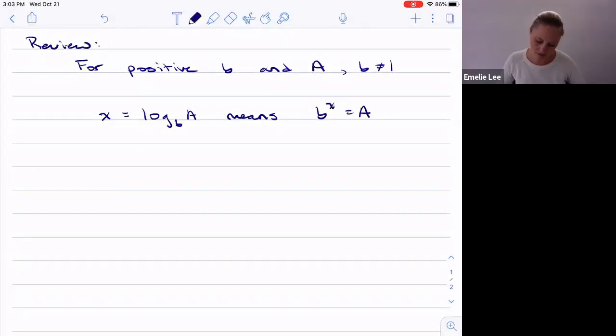So x is called the logarithm, which is more obvious here, right? But even in this case, we would call it the exponent or the logarithm. You'll want to keep track of the base on the log being the same as the base on the exponent, and the argument inside the log is equal to the exponential function.